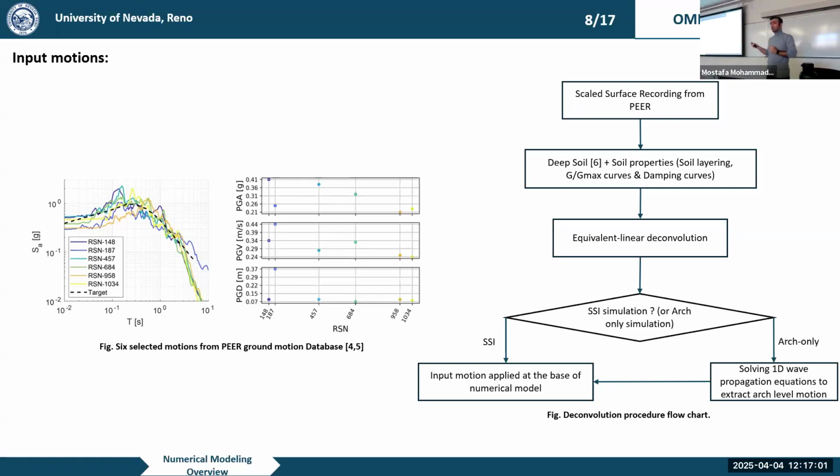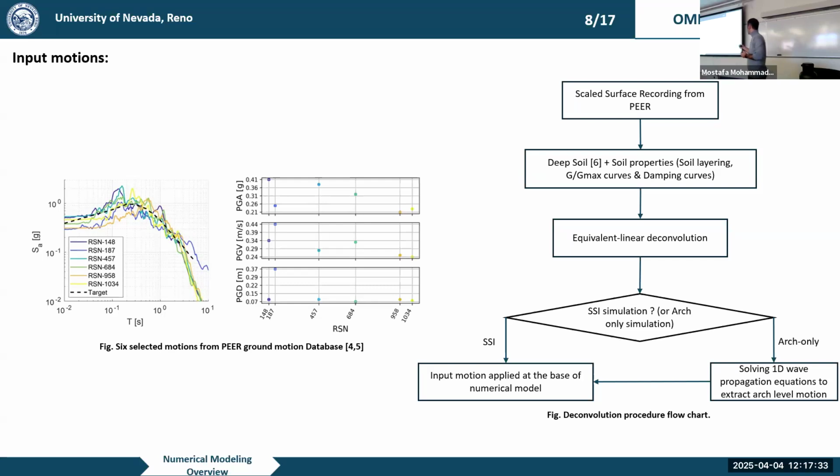I used DEEPSOIL software, which is very commonly used for these purposes, and got some soil properties: the soil layering of the 6 different layers that I had, the G over G max curves, which are the modulus reduction curves of the soil, a great indication of how the soil behaves when it gets nonlinear or stays linear, which I will show you later on, and also the damping curve. I had these 3 aspects, used DEEPSOIL, and got the equivalent linear deconvolution.